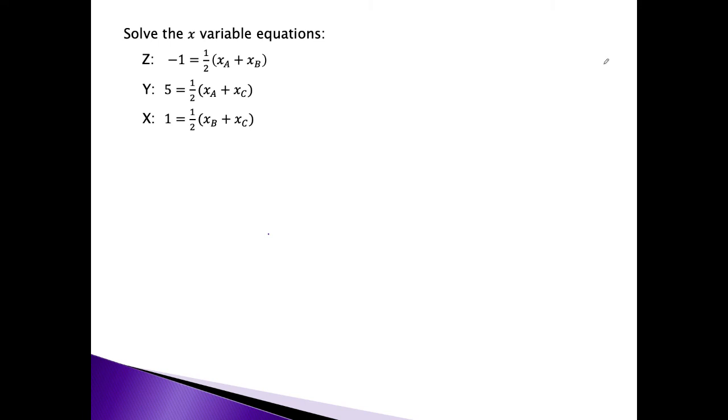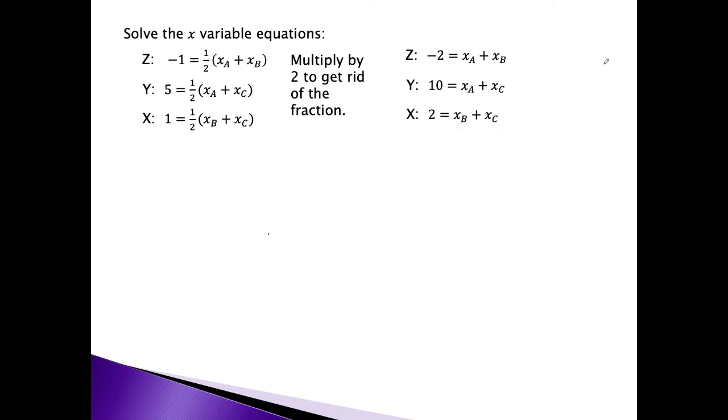Now I'm going to get rid of the fraction. So we have -2 equals xa plus xb, 10 equals xa plus xc, 2 equals xb plus xc. Now I'm going to label these equations 1, 2, and 3. In math, we like to label equations and then call them by their numbers. So the top one's equation 1, equation 2, equation 3.